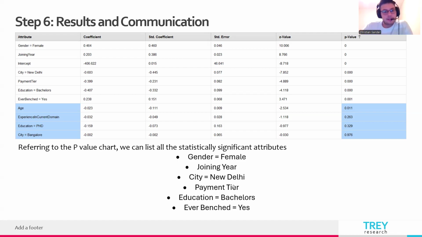Your payment tier is high as well. Education, having a bachelor's, and being benched. These are all important factors that, as the results will show, can determine whether somebody will leave a company or stay.